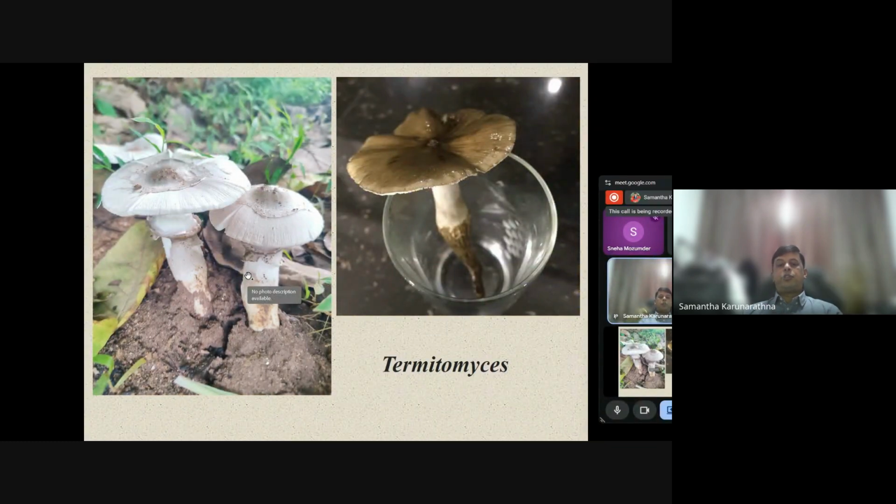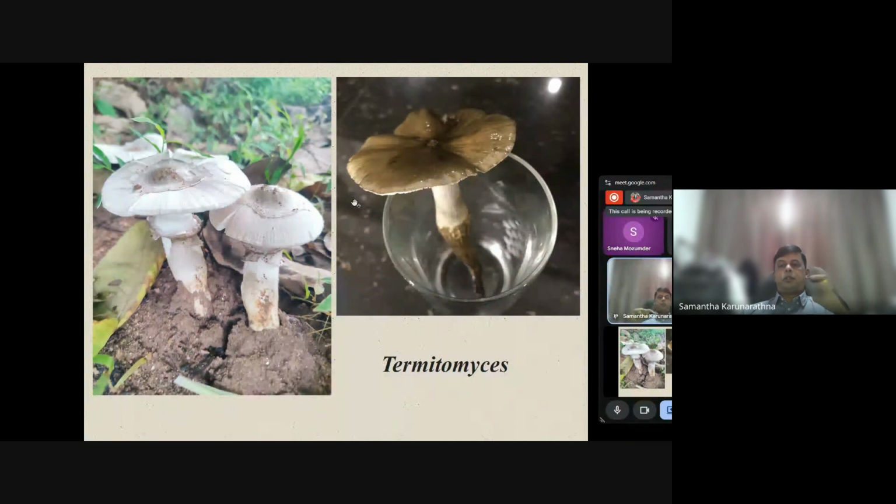So now I am going to show some tropical genera that are very common. So these are Termitomyces. One of the important things that you can identify in Termitomyces, when you touch the top of the mushroom here, you can see like a notch.